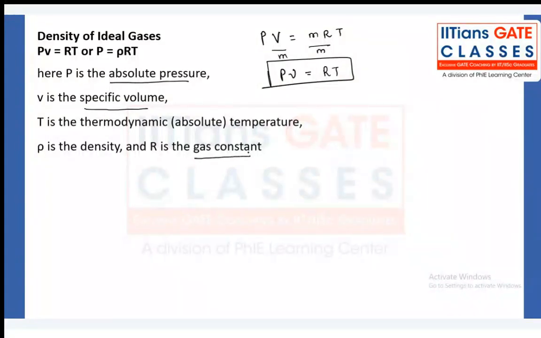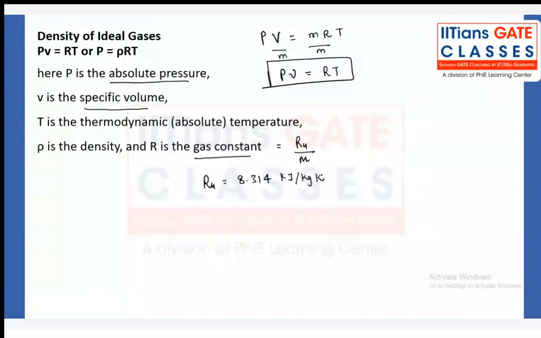R is the gas constant, which is nothing but the universal gas constant over molecular weight. Generally, what is the value of the universal gas constant? 8.314 kilojoule per kmol Kelvin.